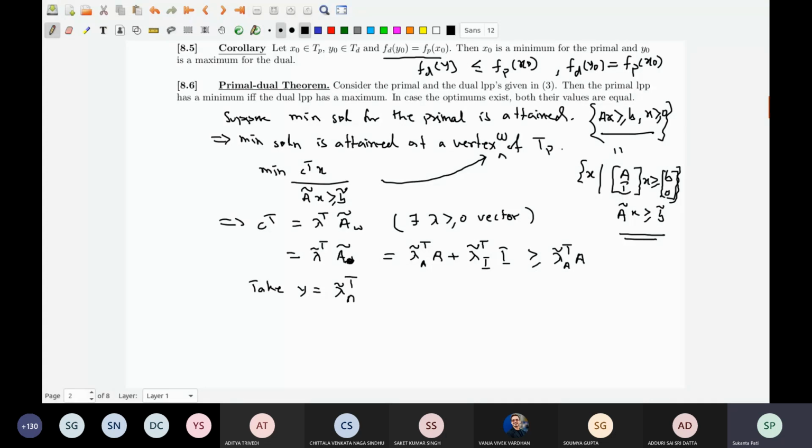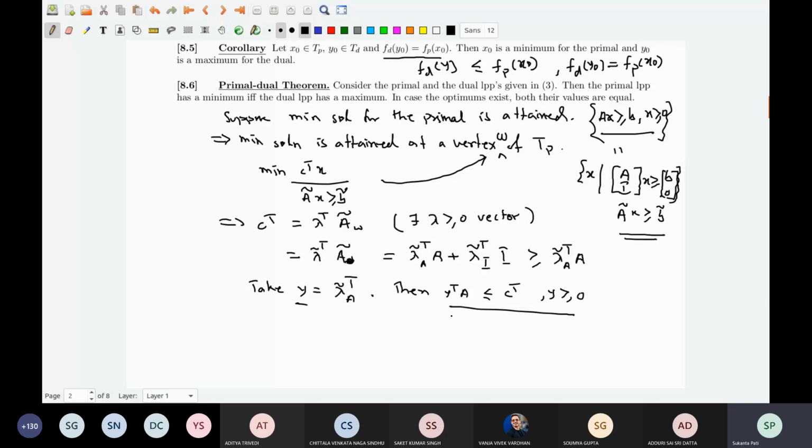Then what? Now y transpose A is less than or equal to C transpose, and y is greater than or equal to 0. So what have I found? Now suppose the minimum solution for the primal is attained, then it is attained at a vertex, and then somehow I have found one element y in the dual feasible set, satisfying the condition that y transpose A is less than or equal to C transpose, y is greater than or equal to 0.